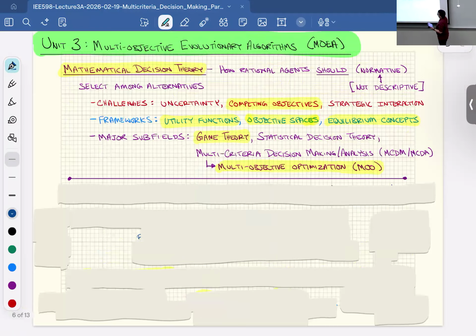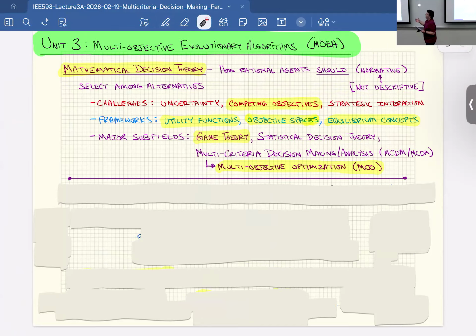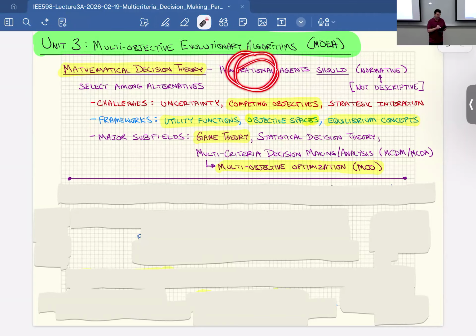All right, so that's a great transition to thinking now about multi-objective optimization and multi-objective evolutionary algorithms. A little background here: this is going to require us getting a little bit of a background in mathematical decision theory. Mathematical decision theory is a mathematical framework for describing how rational agents should select among alternatives and make decisions.